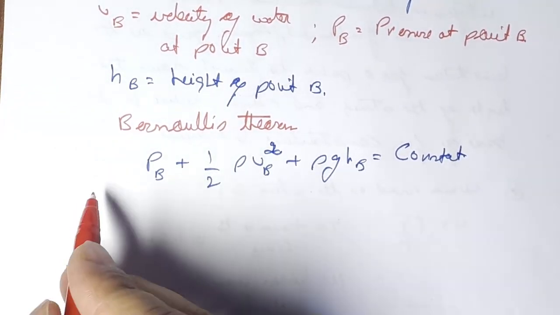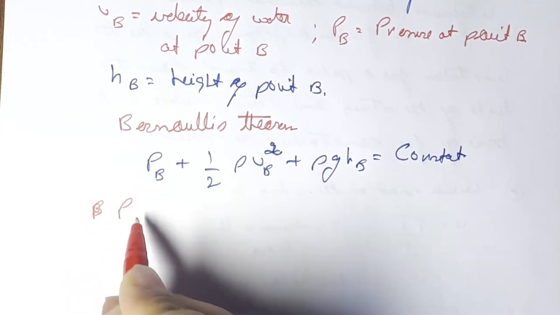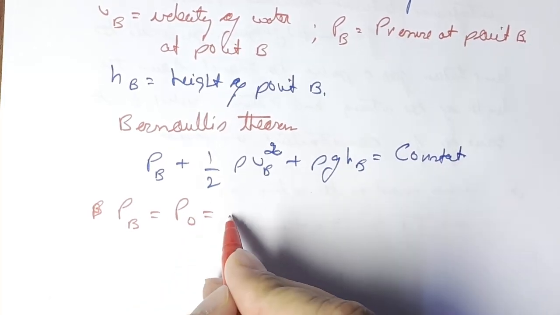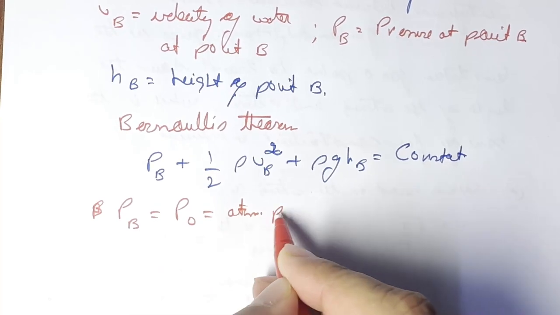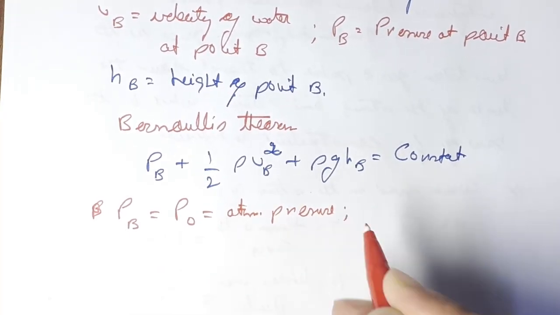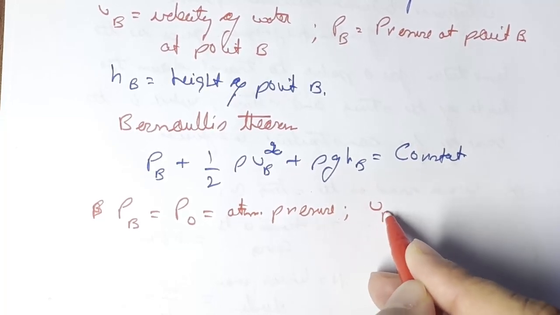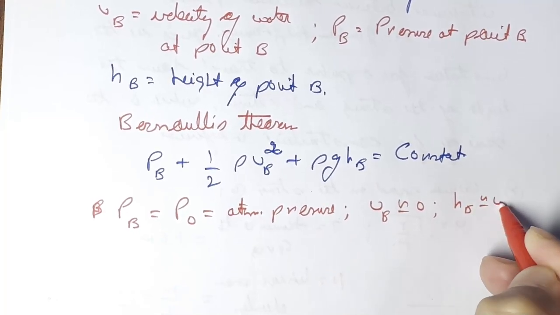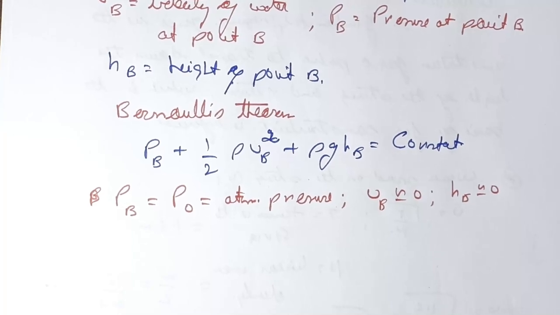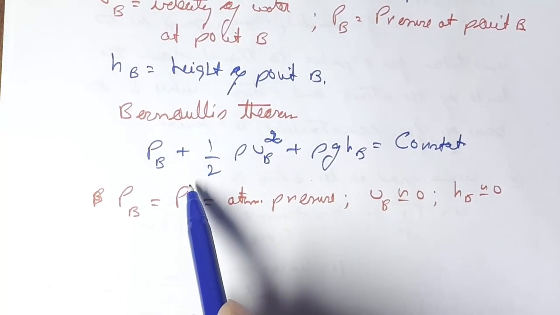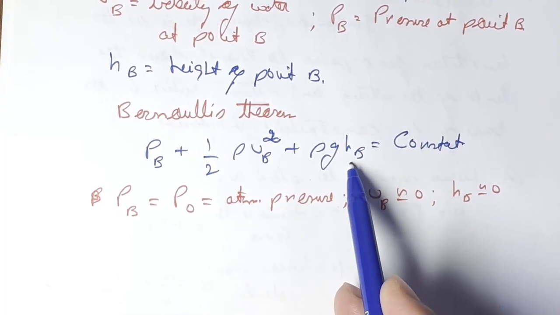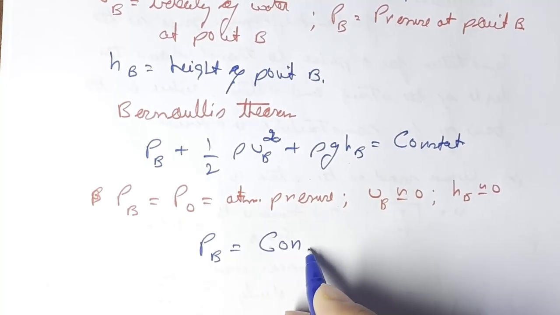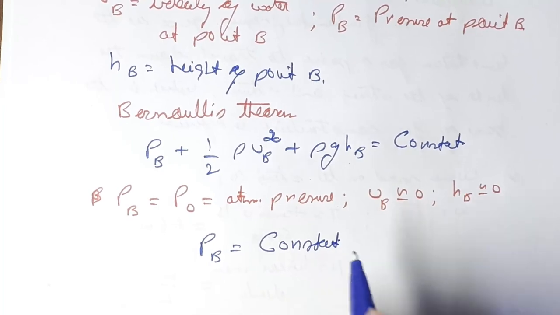So here PB will be equal to P naught, that is our atmospheric pressure, VB is approximately equal to 0 and HB is also approximately equal to 0. So both the terms from VB and HB are 0. So we can say our PB is equal to constant.